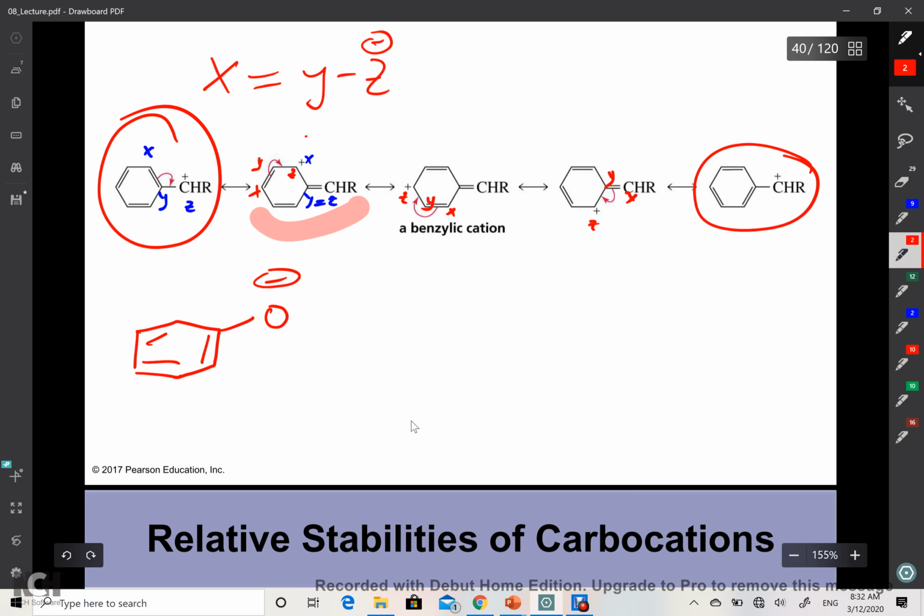The way you push your arrow for this one, the electron goes there, and then this goes on top of X. So your resonance structure now will be X with a negative charge minus Y equals Z with a positive charge.